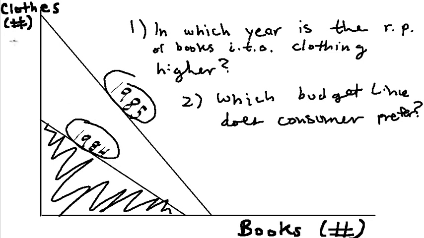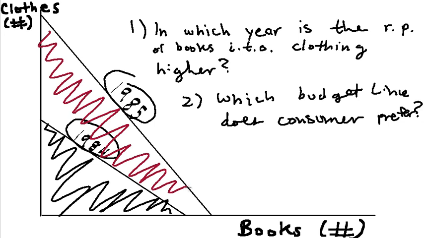In addition, there is an entire region which is not possible in 1984, but is attainable in 1985. So, because a consumer always wants more choices to less, a consumer would prefer the budget line in 1985, even though the relative price of books in terms of clothing is higher in 1985.